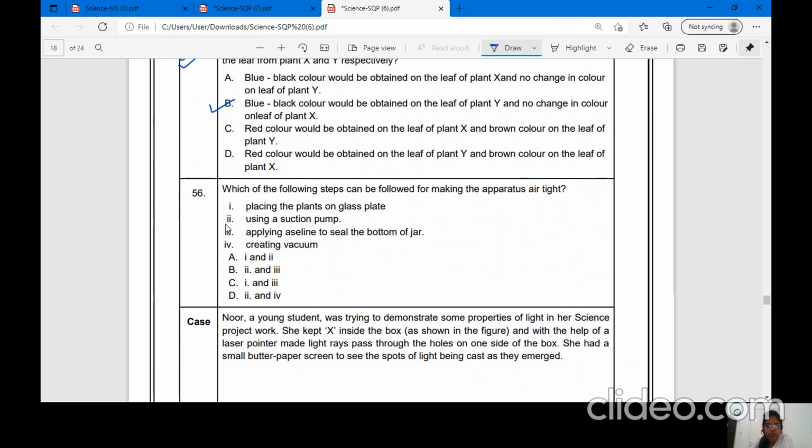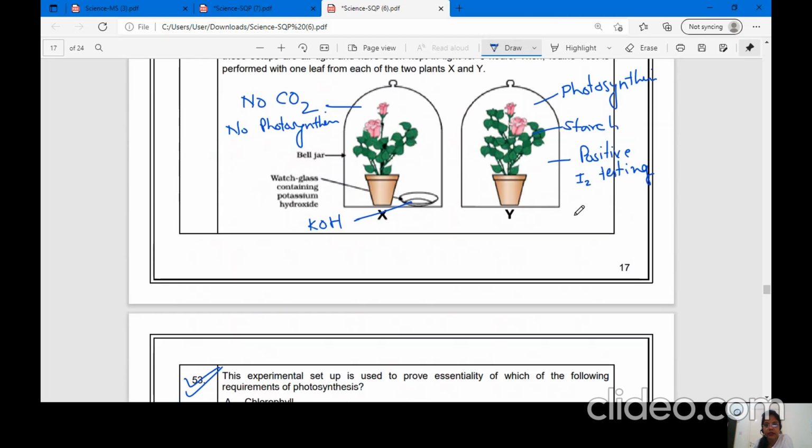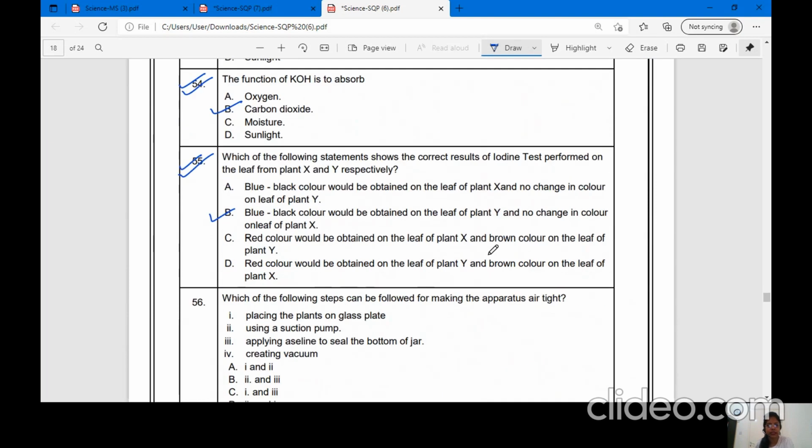Question 56. Which of the following steps can be followed for making the apparatus airtight? How can you make the apparatus airtight? Airtight means a setting where air cannot go inside the system. For that, if you read, this kind of experiment is there in your textbook, one glass slab is taken and that is made airtight by using Vaseline. So let us see, is it there anywhere?